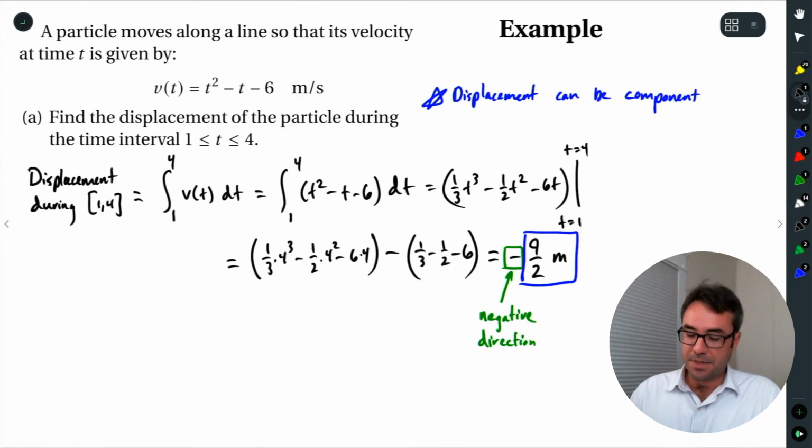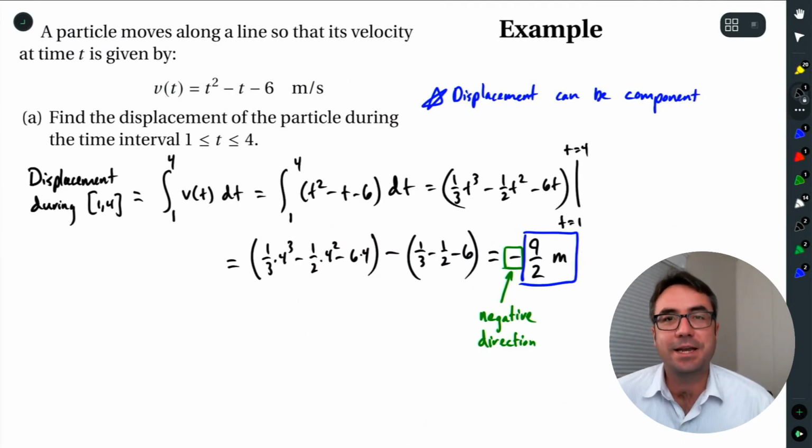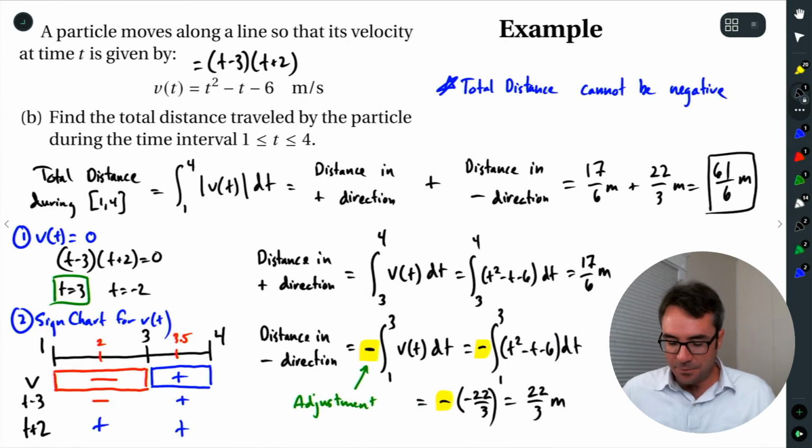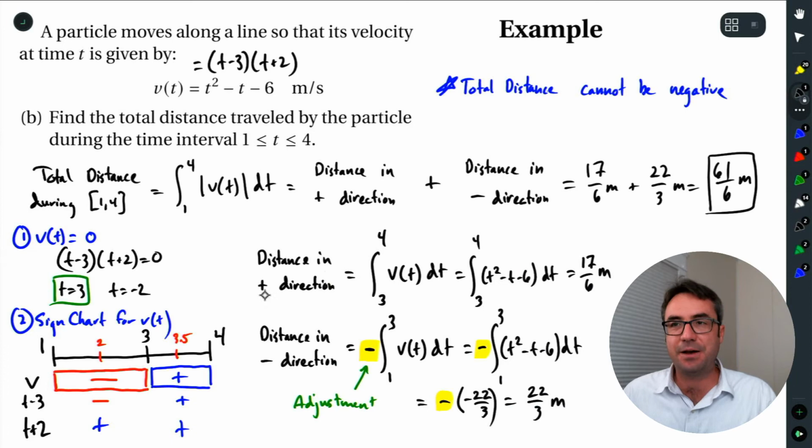All right. Well, let's just go back and check our displacement. So we have these two values that we found, the distance in the positive direction and the distance in the negative direction.